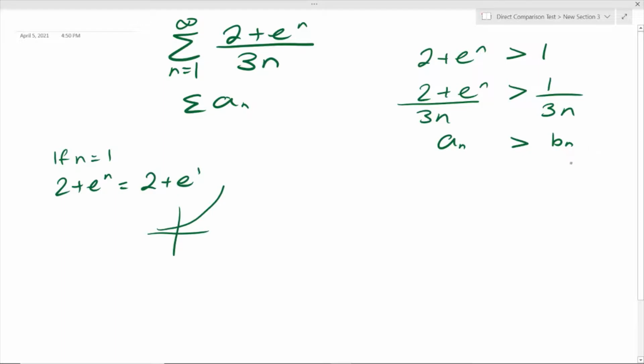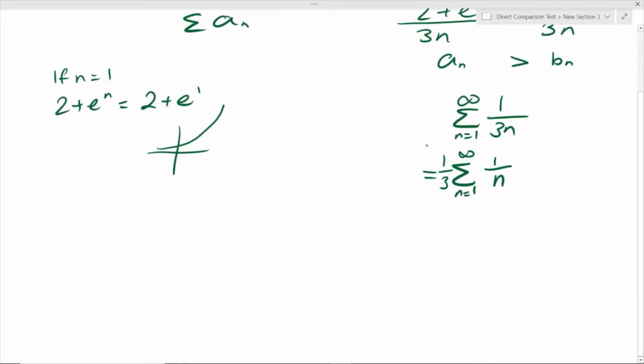Now let's see as to whether this series converges or diverges. So this series, our bn, looks something like this, and we can see that we can bring this 1/3 out of the summation symbol, just like this.